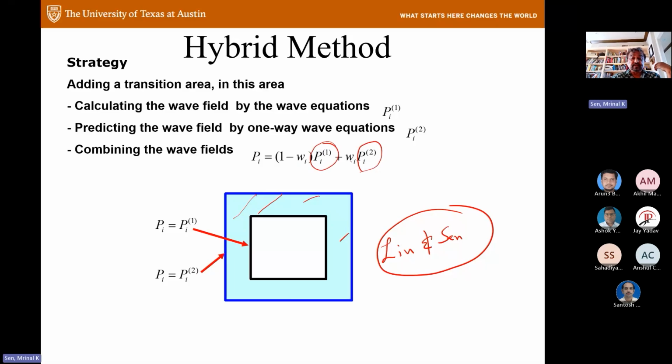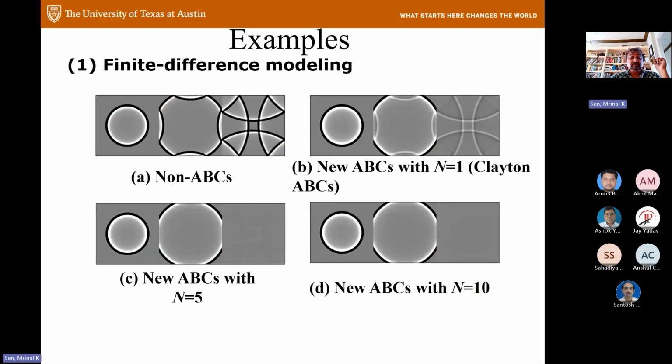We have a large weight right here for the full wave field, but when it goes near the boundary, it basically goes to one-way. So this is a weighted average of the one-way and the damped two-way. This is a very simple idea, but it actually works really well. Even in Devito, people have implemented it. You will see that.